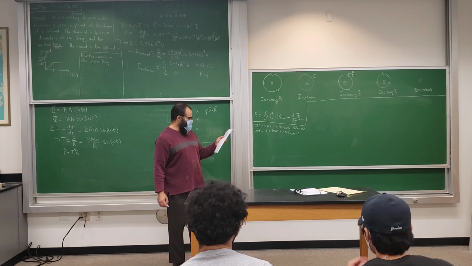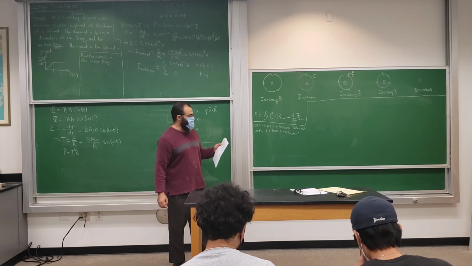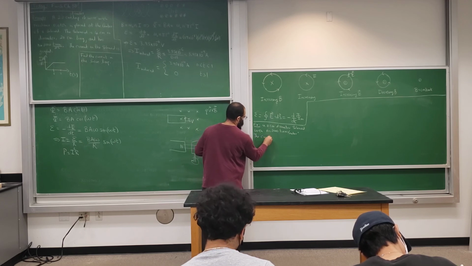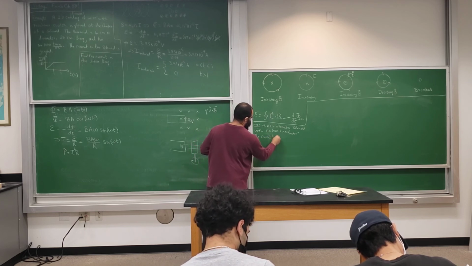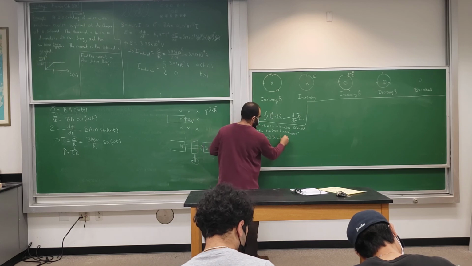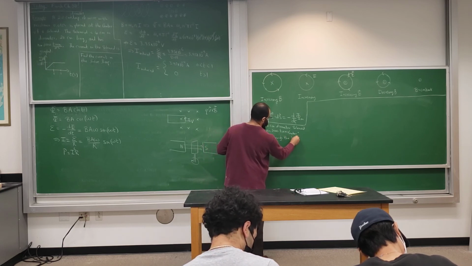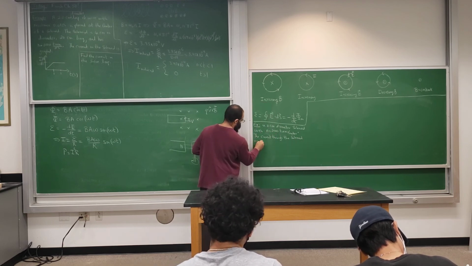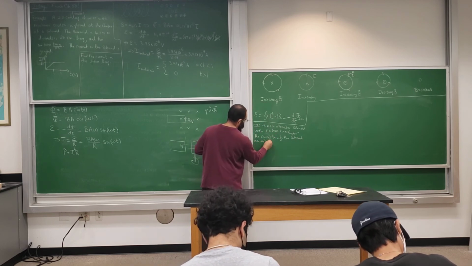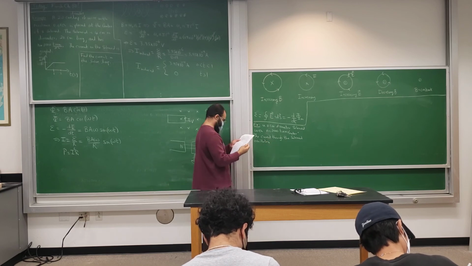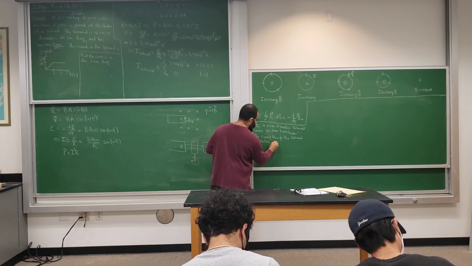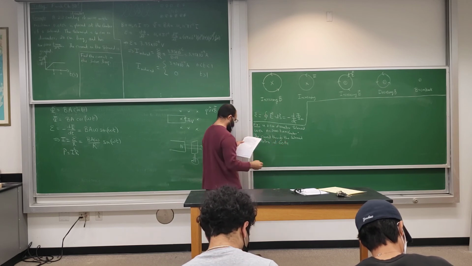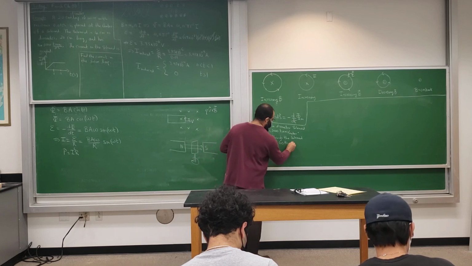Next, the current through the solenoid oscillates at 60 hertz, meaning 60 cycles per second, with an amplitude of 2 amperes.